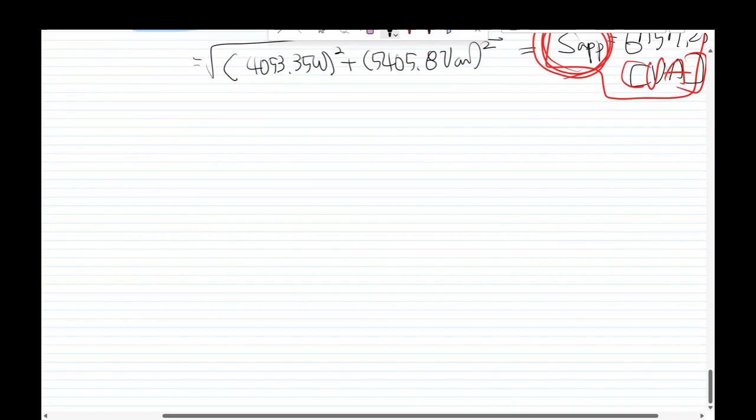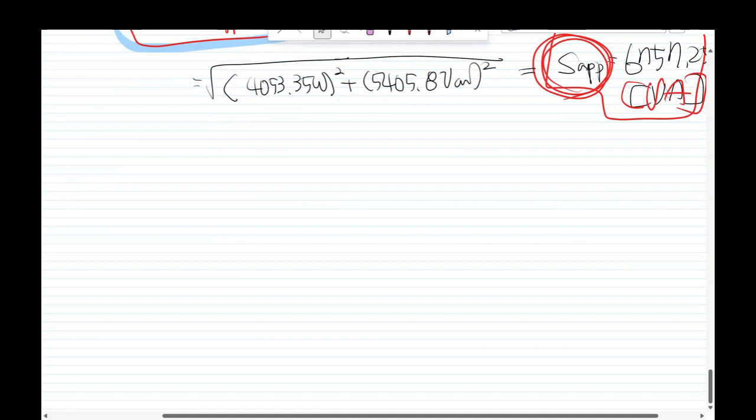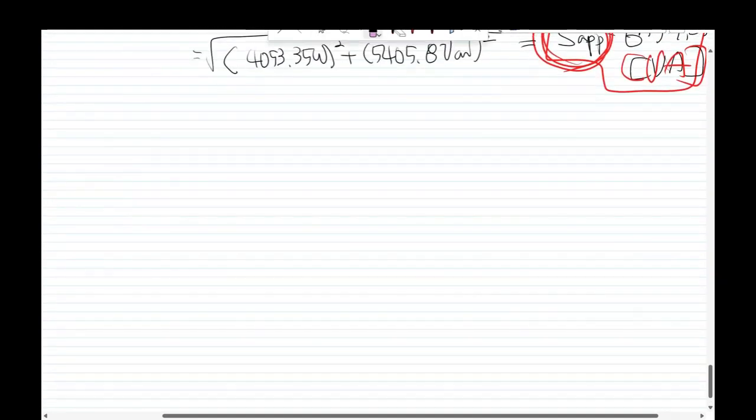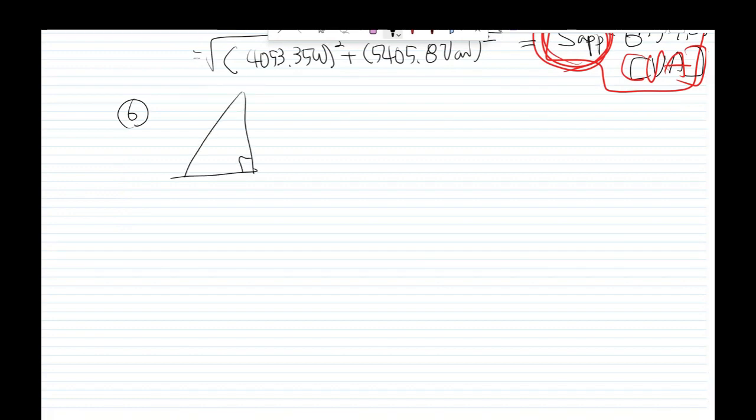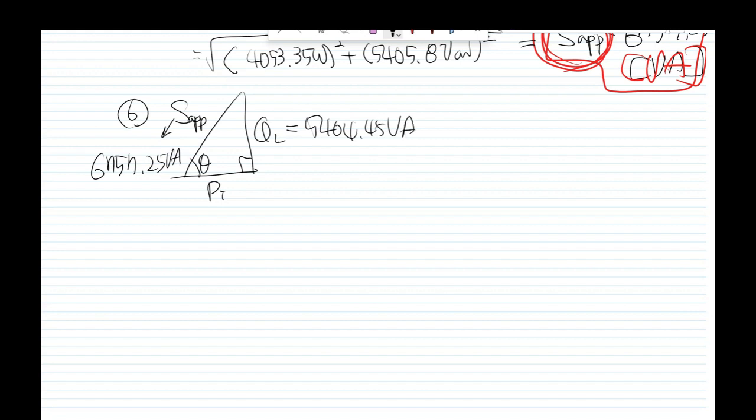Okay, so you can draw the power triangle. This is theta. This is P sub I, Q sub L, and S sub APP. S sub APP is 6757.25 VA and Q sub L is 5405.8 VAR.